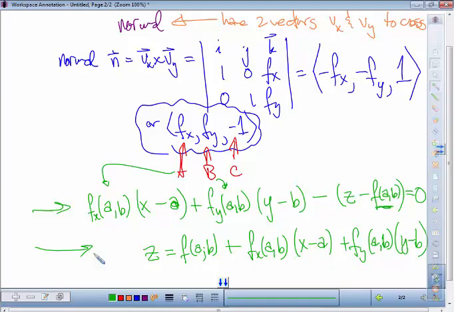Okay, so like I said, it doesn't matter, but I like this second normal better because there's a -1. Because somewhere along the line, somebody's going to ask, where does the -1 come from? Well, the -1 comes from the cross product, right?